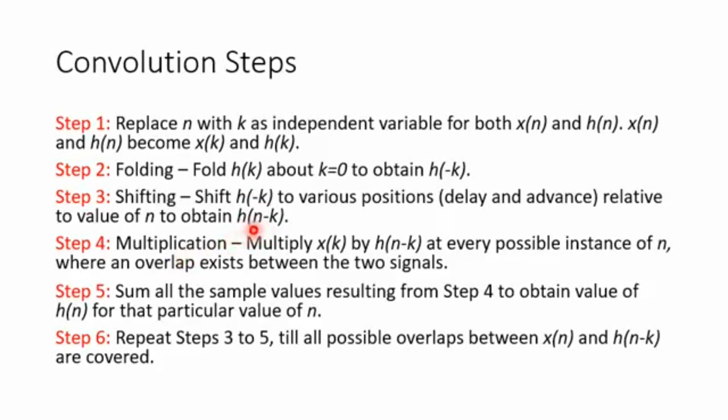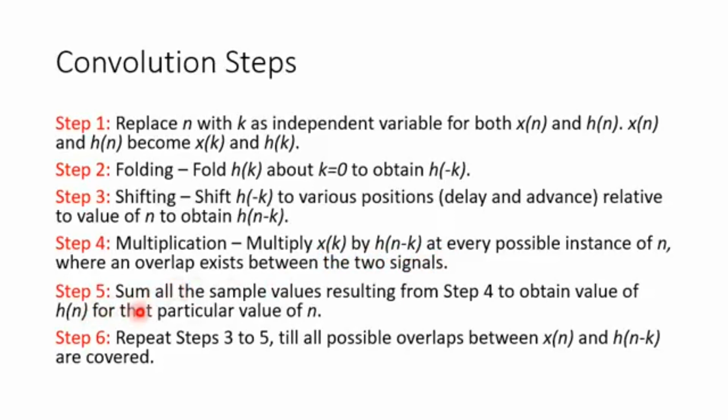The fourth step is that we multiply the value of x[k] with h[n-k]. We will see in a minute how it works, but this multiplication is conducted at every possible instance of n as long as there is an overlap between x[k] and h[n-k]. Ideally we go to infinity, but there is no point in going towards infinity because at some point x and h will stop overlapping, and this is where we stop further shifts.